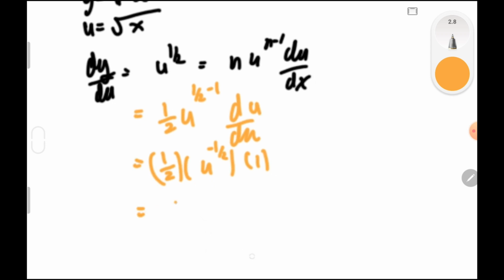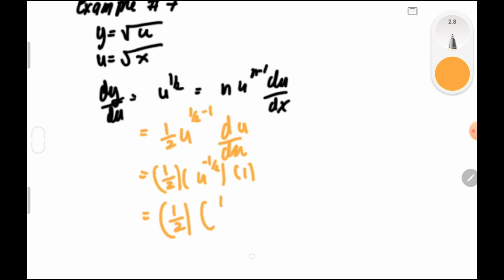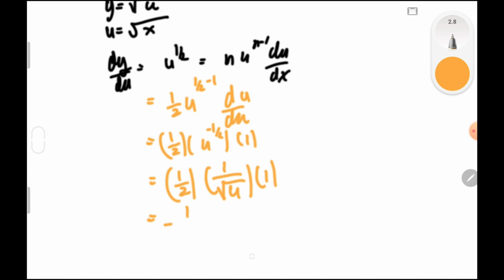So we'll have a value equal to 1/2 multiplied by 1 all over square root of u multiplied by 1. From this we'll have 1 all over 2 square root of u.